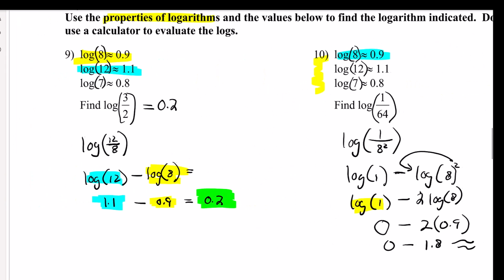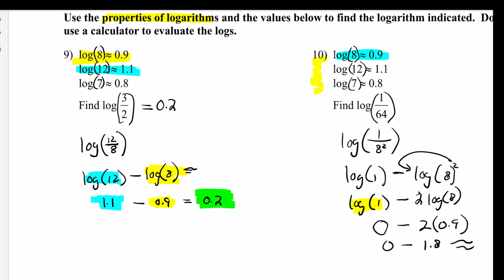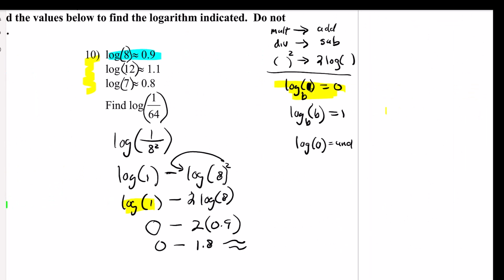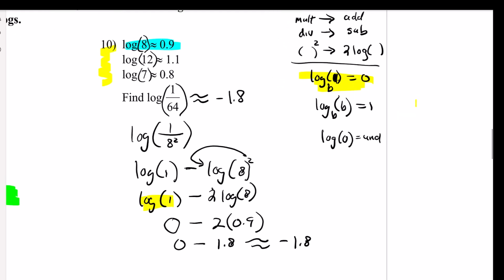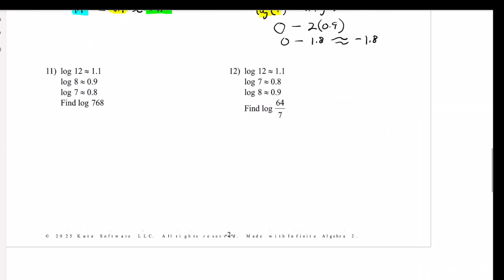And what I didn't tell you over here, we should be using approximation symbols because all of this stuff above is approximation. So right here, we would say it is approximately negative 1.8. All right, we'll keep going.